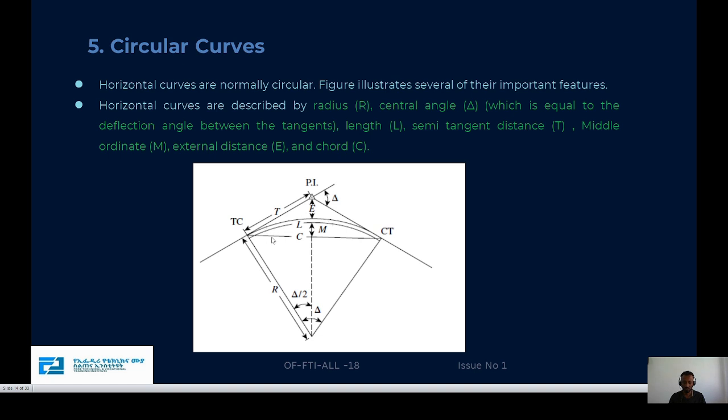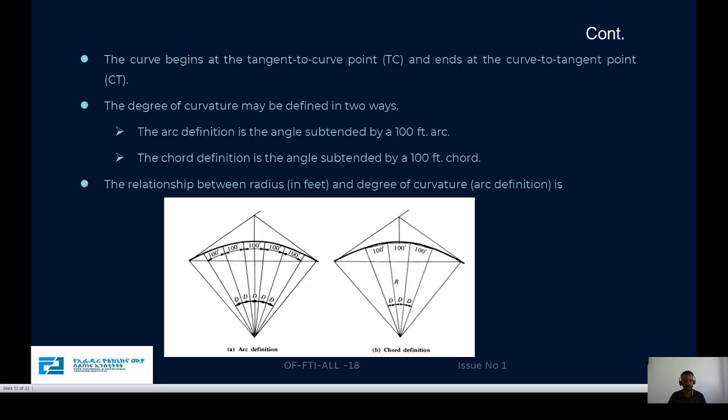And also the external distance from the point up to the curve, and the middle ordinate, which is the straight line from the chord up to the curve. The curve begins at the tangent to the curve, and ends at the curve to the tangent.